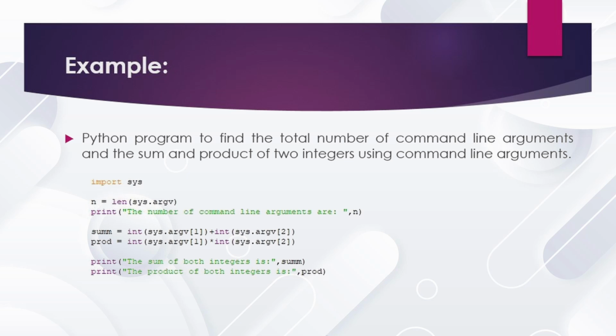Then it adds and multiplies the second and third command line arguments after converting them to integers. The results are stored in the variable sum for the summation and the variable prod for the product. Finally, it prints both the sum and the product of the two numbers.